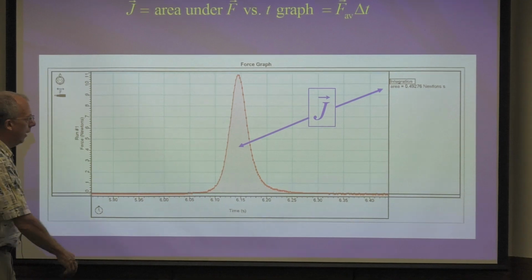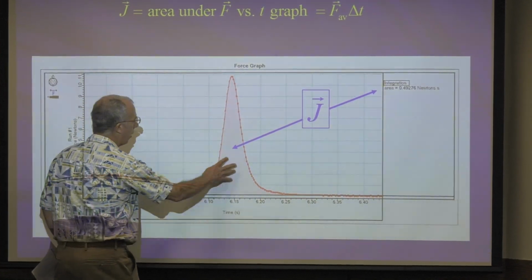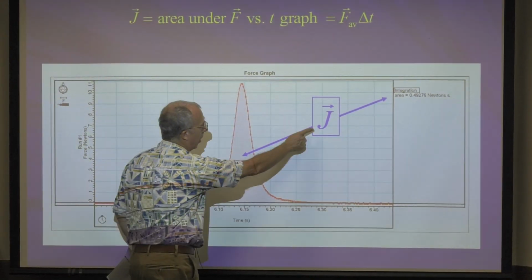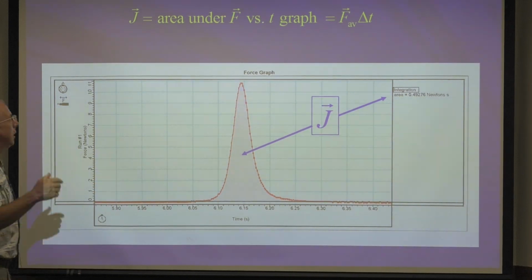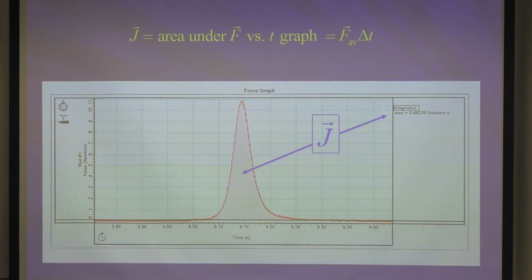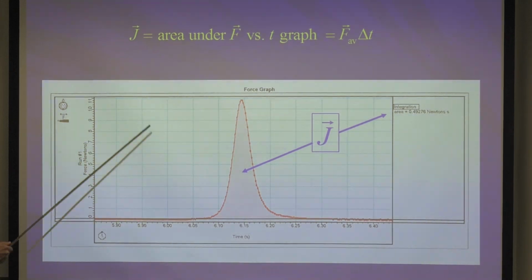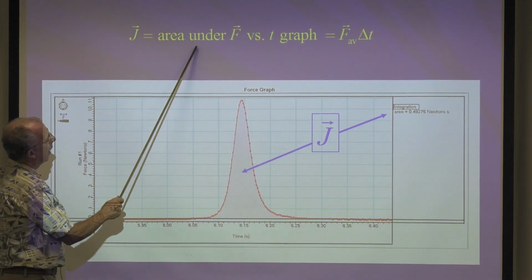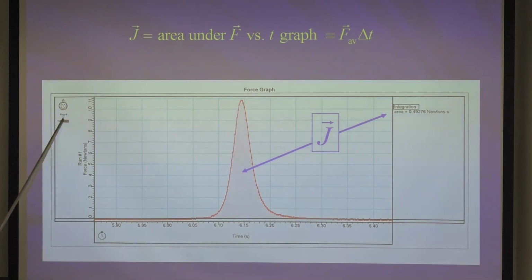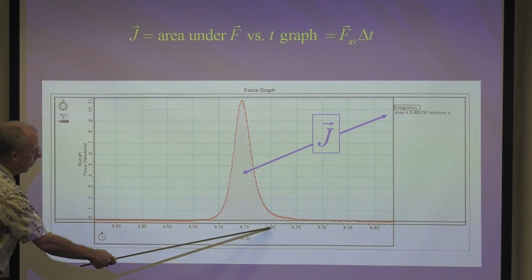The area under the curve is called the impulse. And for whatever reason, they use J for the impulse. So J is the impulse. The impulse is the area under the force versus time graph.